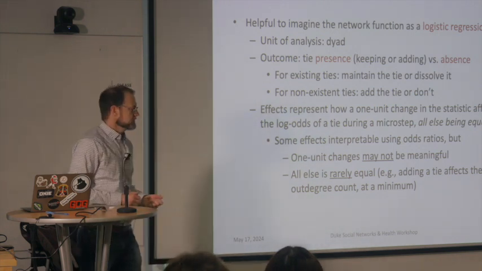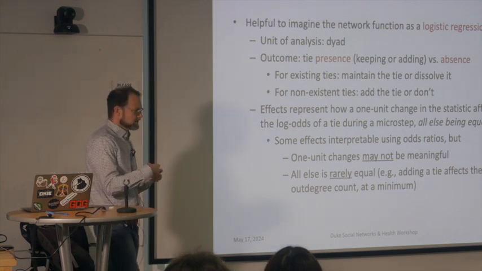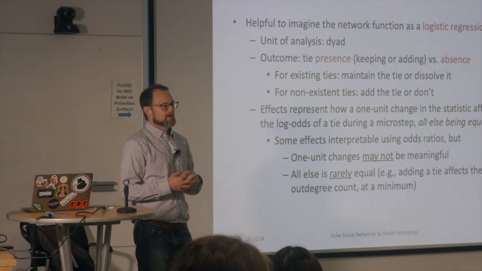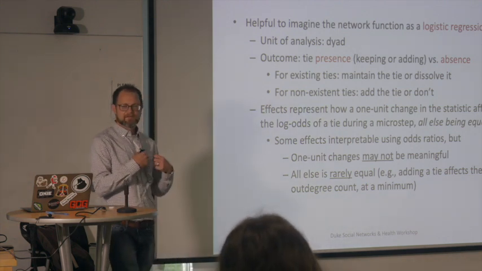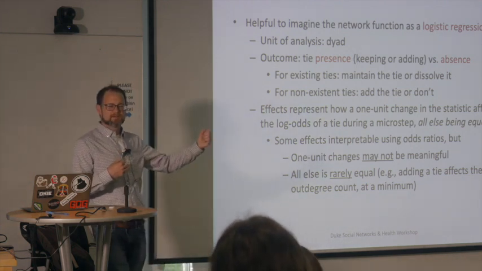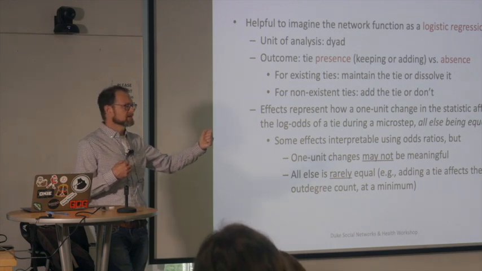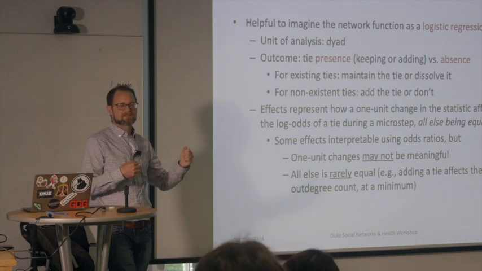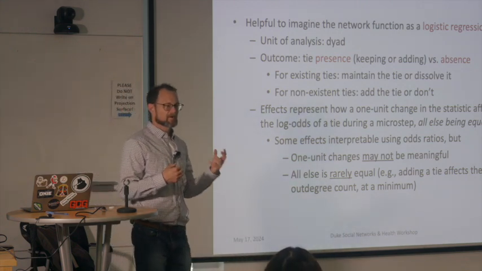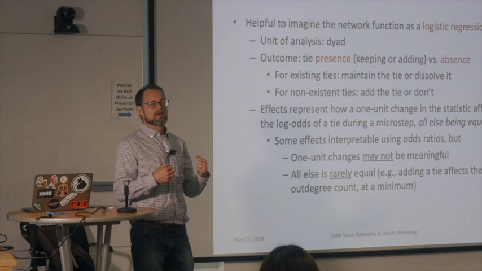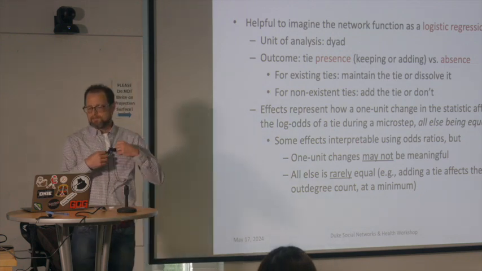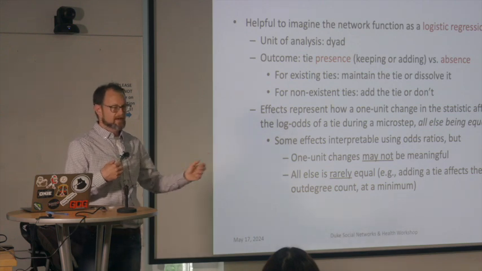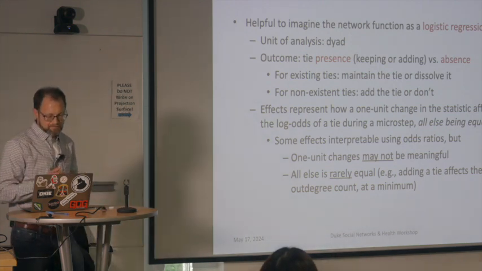It's problematic sometimes because with networks, we often have effects that are interdependent. So if we have a model that has homophily on smoking, but it also has a popularity on smoking effect, that means that both of those effects come into play if I change my smoking status or a partner changes their smoking status in this hypothetical scenario.